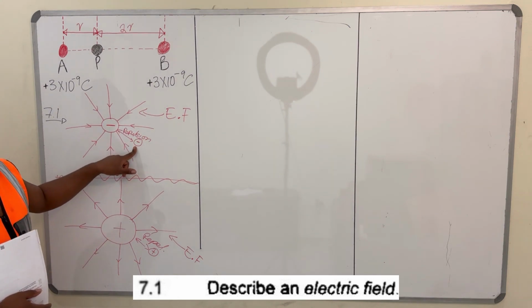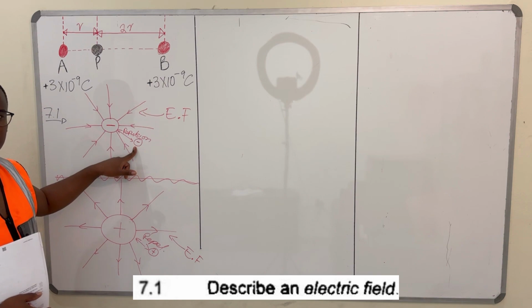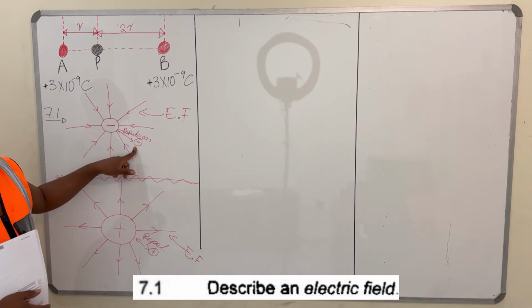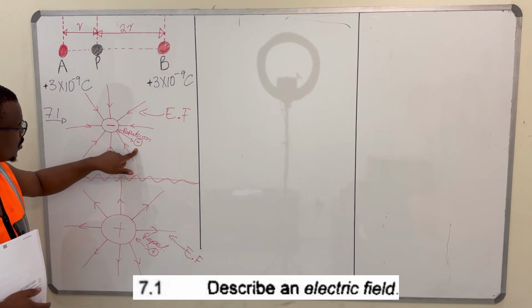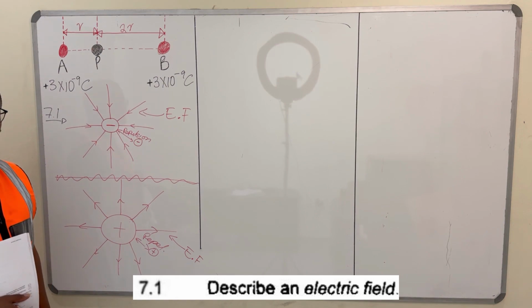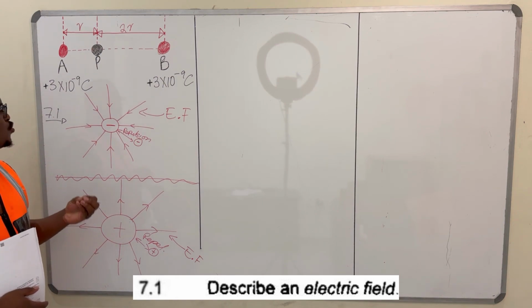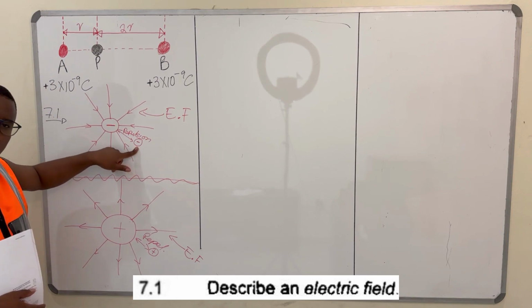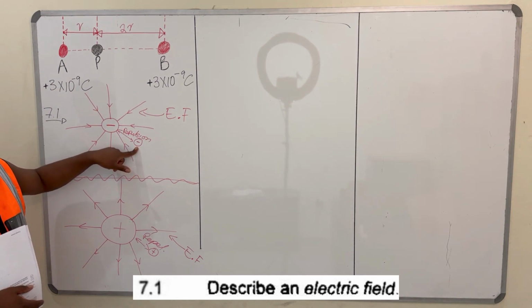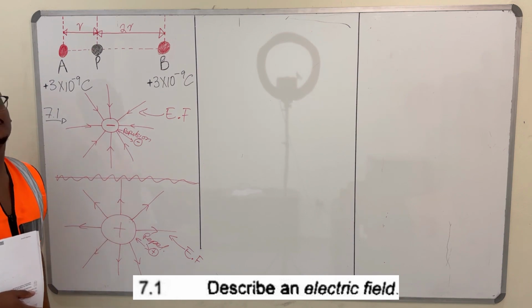Because you said this one will be repelled, which is to be pushed away. So now the question is, how much is this one getting pushed by? How much force is this small charge feeling due to that big charge over there? Right? So to measure that, you are measuring how many newtons of force will be exerted on each coulomb of this one. That's what an electric field is.